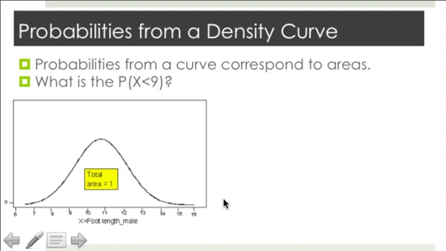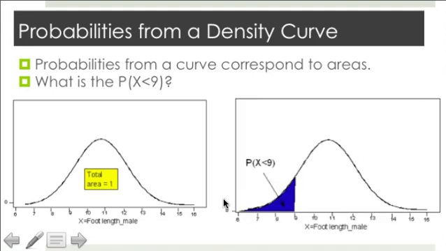And so essentially what we get here is this picture. On a probability density curve, if we want to know the probability that x is less than 9, we would need to compute that shaded area right there. It's bounded on the right by this vertical line that ends at x equal to 9.